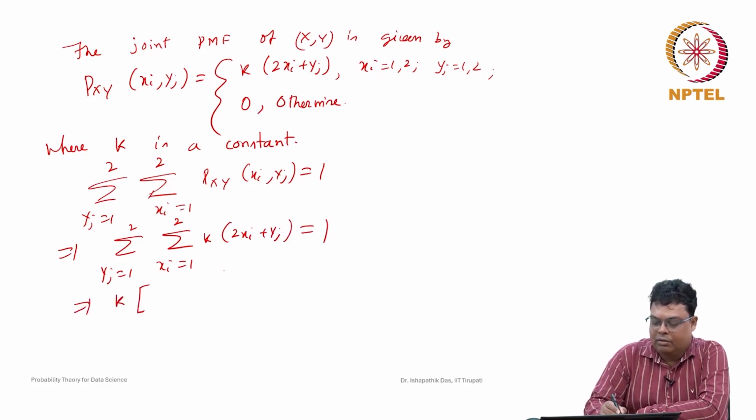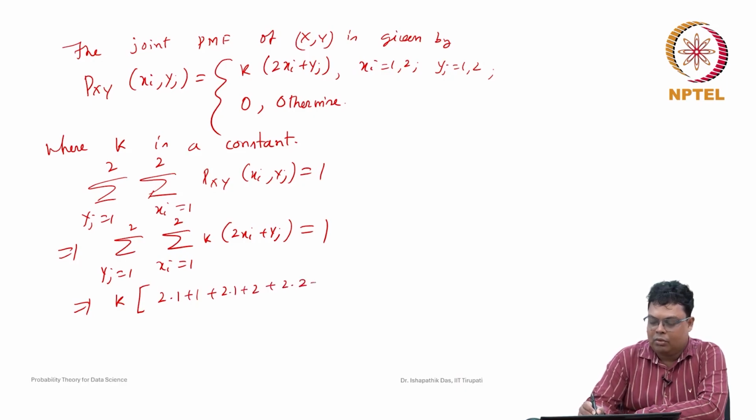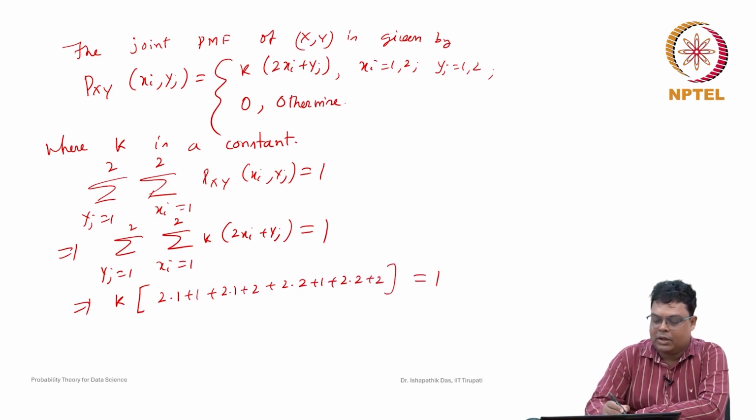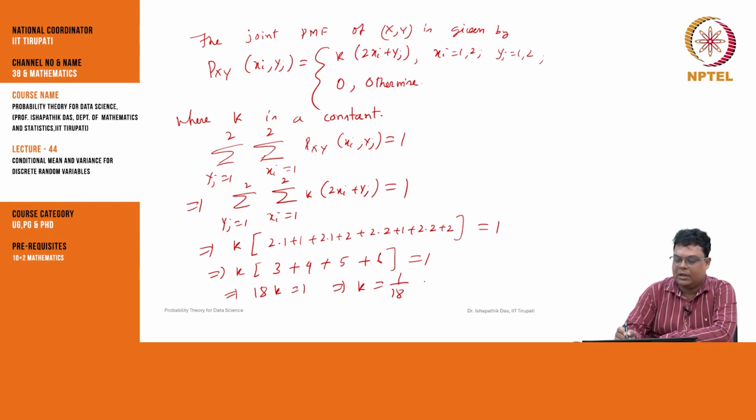Now we write 2 into 1 plus 1, plus 2 into 1 plus 2, plus 2 into 2 plus 1, plus 2 into 2 plus 2. This is nothing but 3 plus 4 plus 5 plus 6, which is equal to 18. So 18k is equal to 1, which implies k is equal to 1 by 18. Hence our probability mass function has the constant 1 by 18.